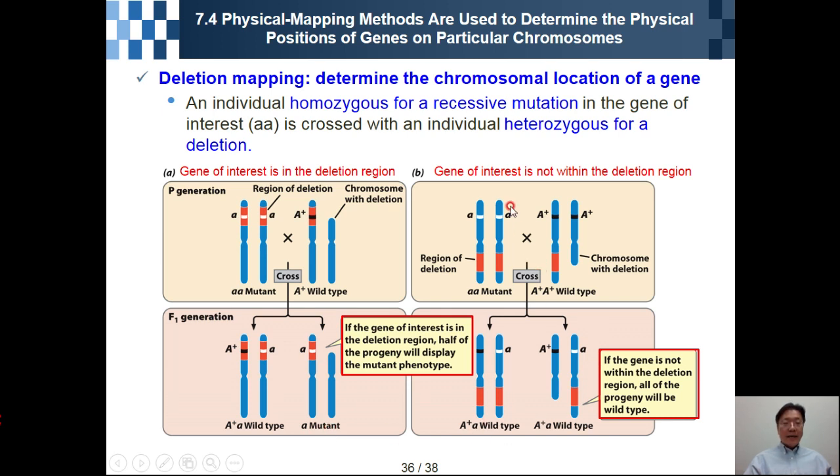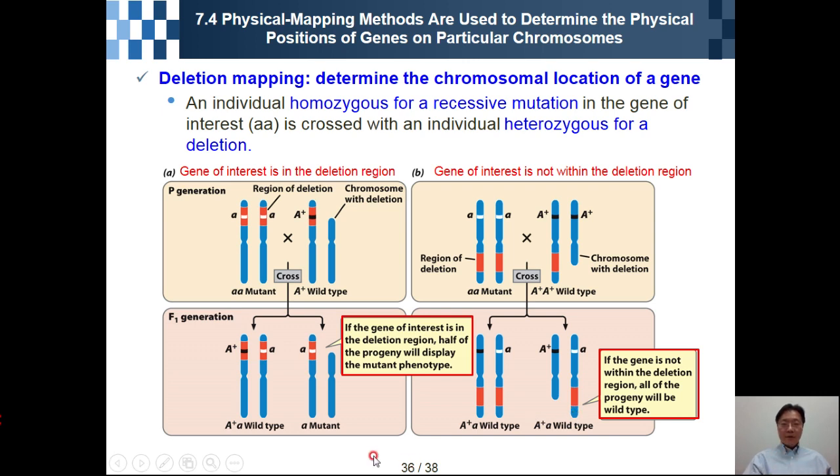Or in the case where the gene of interest is not within the deletion region, after the cross, this one will become A plus A, and this one also will become A plus A. So both of them will show the wild type.